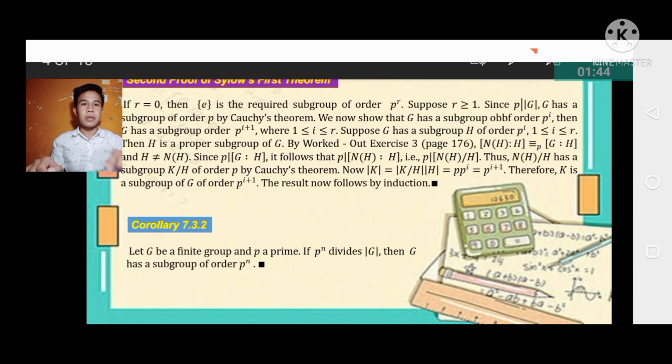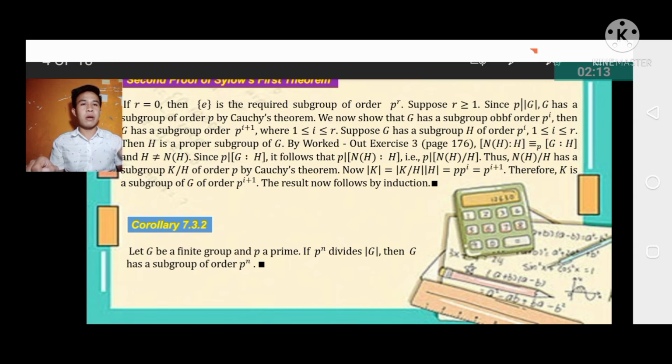So we are going to put the value of p as 3, because 3 is a prime number: 3 has only two factors, which are positive 1 and itself. That is why 3 is a prime number. So the order of the finite group G is p to the raised of n times m, so 3 to the raised of 1 times 2.